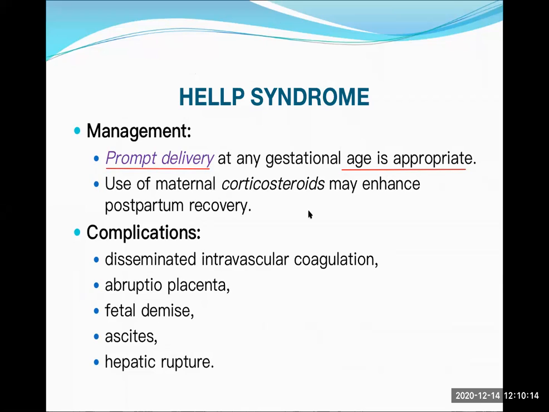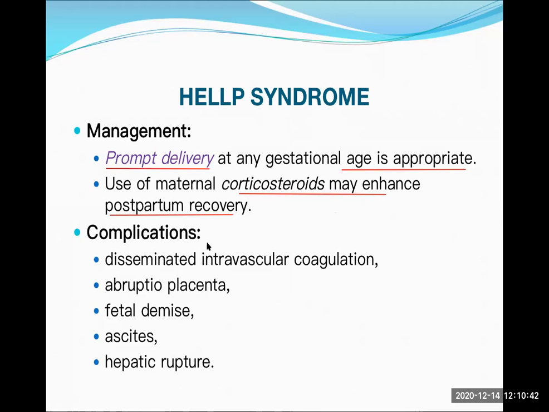But if you want to save the life of the baby, for example, some fetal distress you have picked up during the examination, along with all these features, you can also go for cesarean section. It is not absolutely contraindicated. Use of maternal corticosteroid may enhance postpartum recovery, just to make sure the fetal lungs are mature.